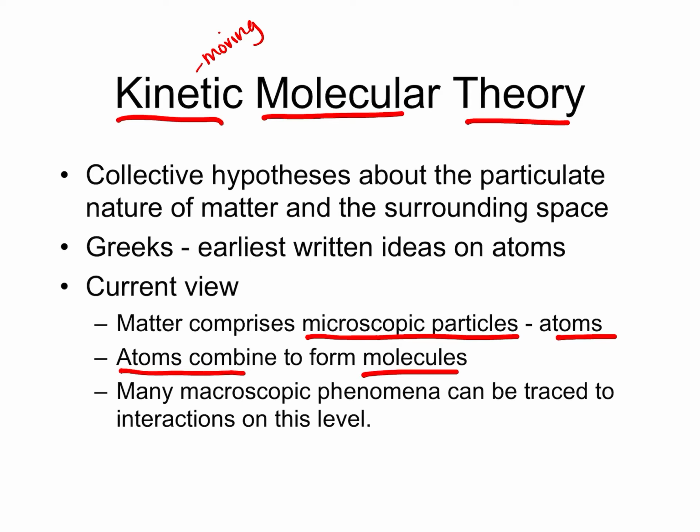And then many macroscopic phenomena can be traced back to the interactions. So meaning that, even if you think about you or the desk that you're sitting at or the book that you're looking at, those are made of many, many, many atoms, but that can be traced back to those very microscopic particles, okay?